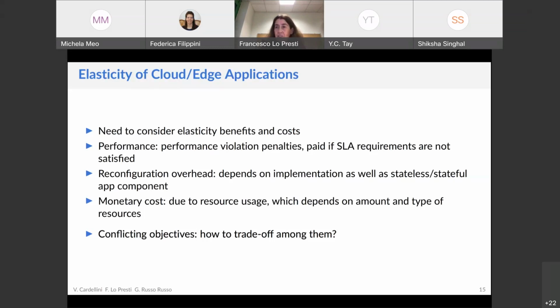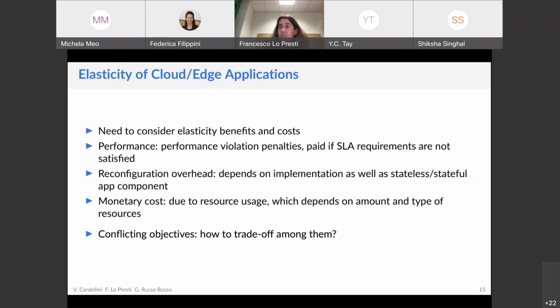It depends on the implementation and it depends on the kind of elasticity, horizontal or vertical, but it also depends on the kind of component, because it is much more expensive to scale out a stateful component because you have to repartition the state rather than scaling out a stateless component.